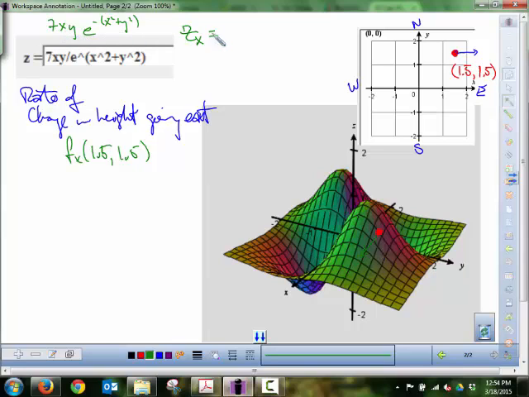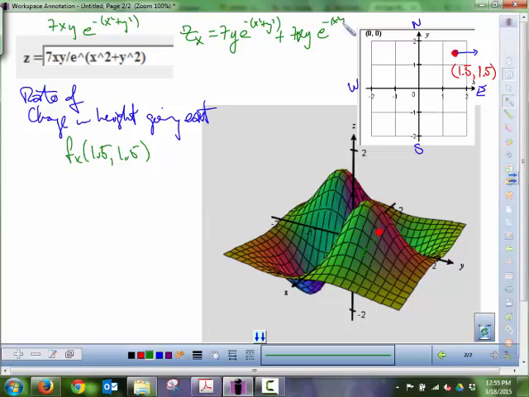So the derivative of this with respect to x is: 7y is a constant. The derivative of the first times the second. I should have figured out a nicer function. The first, which is 7xy, times the derivative of the second, which is e to the negative (x squared plus y squared), times the derivative of the exponent with respect to x, which is negative 2x.